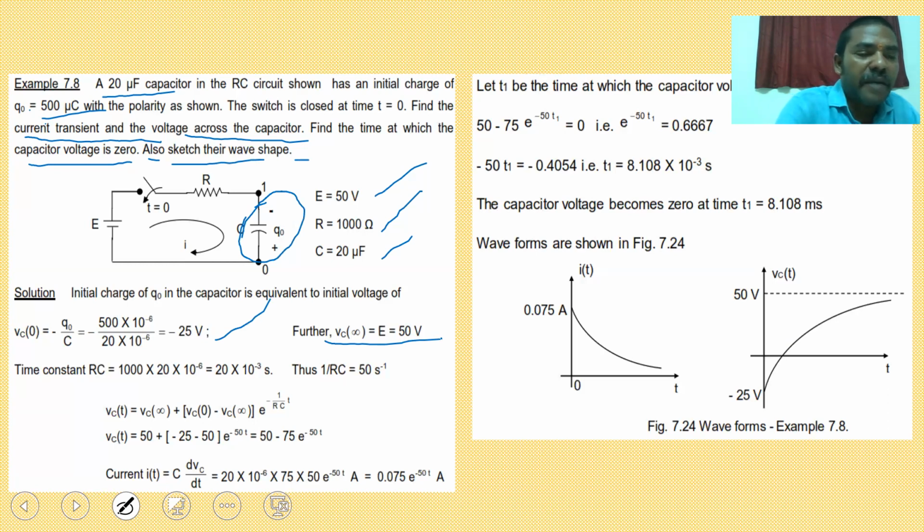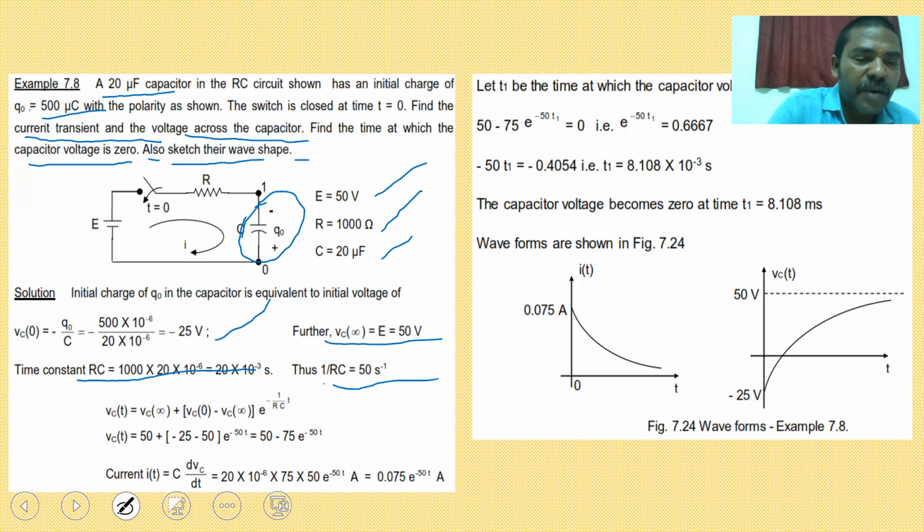Then coming to the time constant, tau is equal to RC, that is equal to 1000 into 20 into 10 power minus 6. So you can get 20 into 10 power minus 3 seconds, so 20 milliseconds. So 1 by RC, or 1 by tau, is 50 per second.